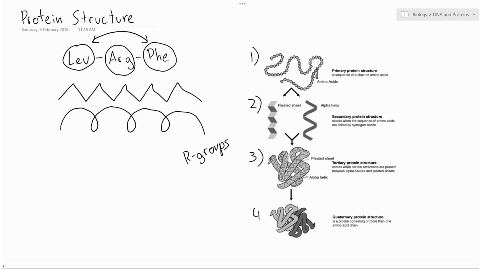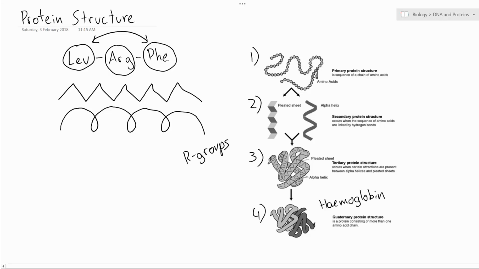And down the bottom here, our fourth and last level of structure, a quaternary protein structure, is essentially where we get more than one polypeptide chain combining together and binding together in order to form a more complex protein. A good example of a protein with quaternary structure is hemoglobin.